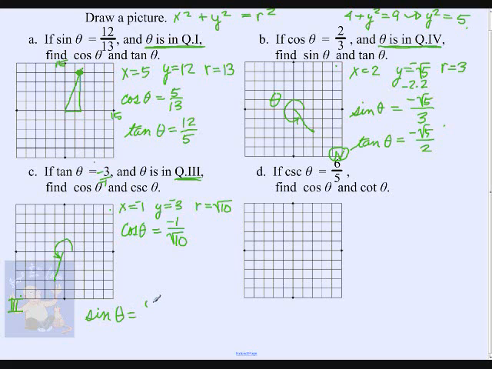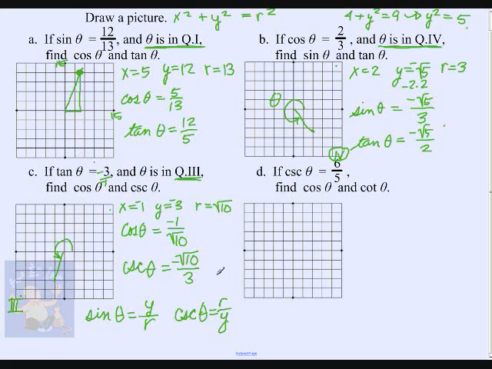Sine is y over r, so cosecant theta is r over y. So cosecant theta equals the square root of 10, that's my r, divided by negative 3, so that's going to be negative.